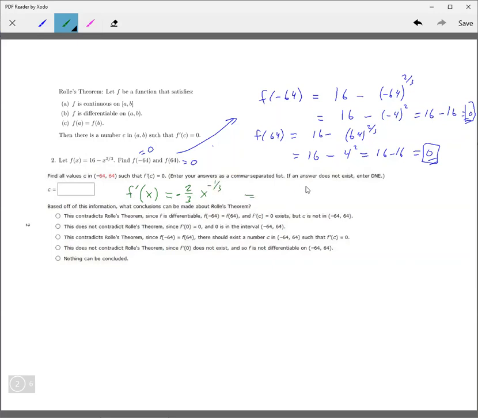So essentially you have negative 2 over 3, and then x to the negative 1/3, which is the same as 1 over the cube root of x. So that's the derivative right here, and nowhere is this 0. There is no place where the derivative is 0.